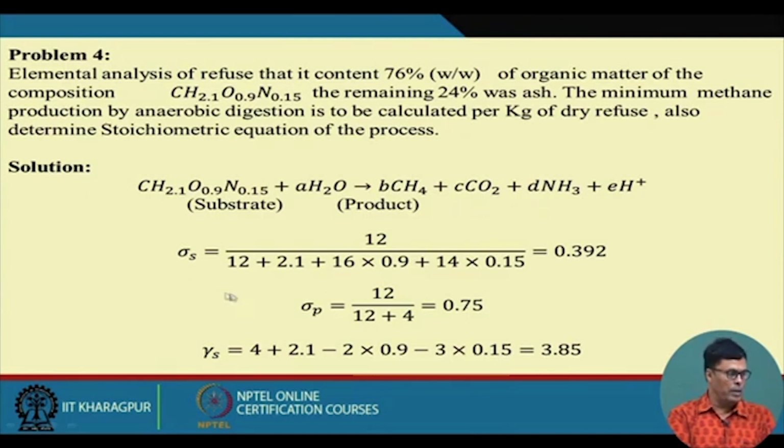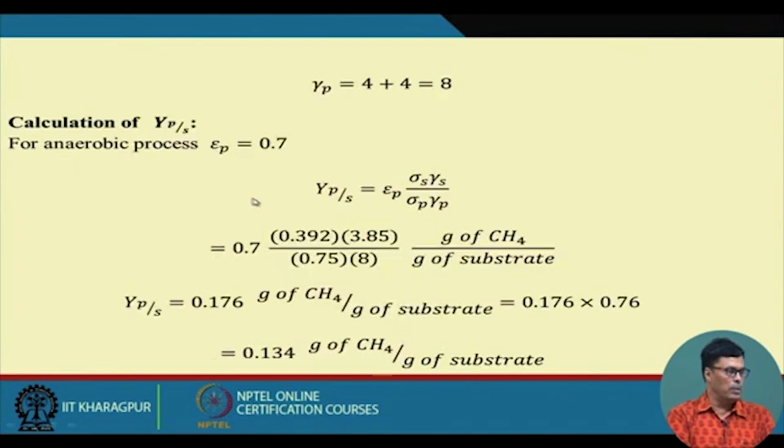If we do that, then we can calculate sigma s with respect to this substrate, and gamma s and gamma p with respect to this product. Both we can calculate.